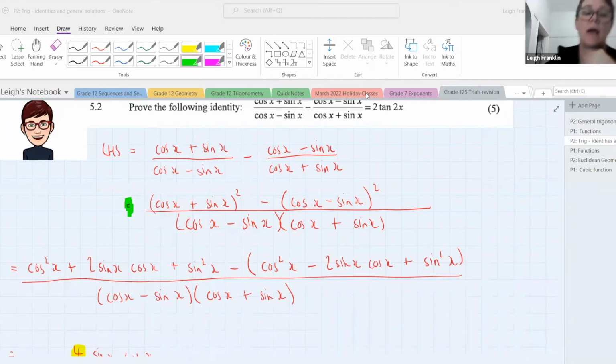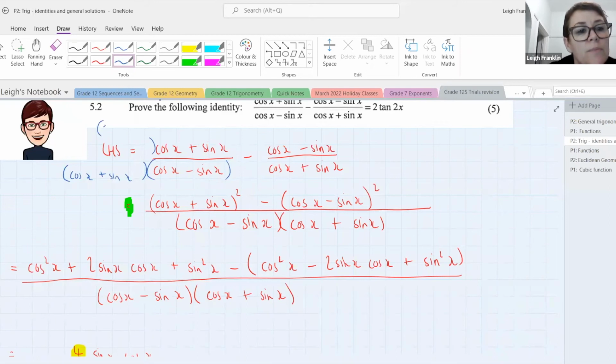Why did we square? Okay, all right, fine. So what I'm doing here, Michelle, is I'm creating equivalent fractions. So at the bottom here, I'm going to multiply that with cos x plus sine x. What I multiply the bottom by, I've got to multiply the top with the same thing. Do you see now why it's squared? And then the same thing on this side. I'm going to multiply this by cos x minus sine x.